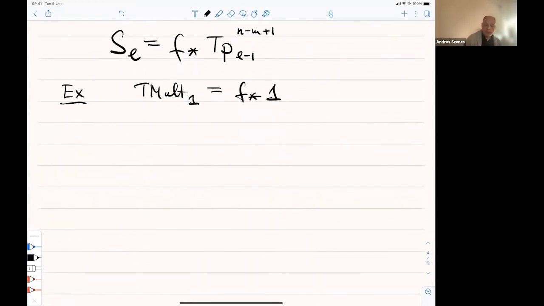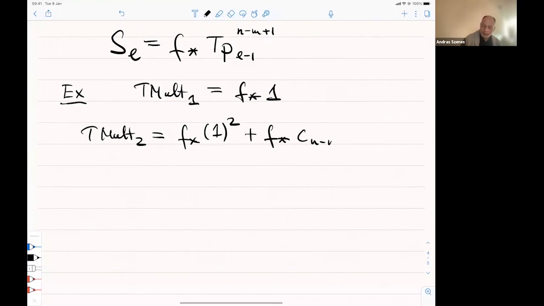And then the multipoint formula for 2 should be F lower star of 1 squared plus F lower star of c_{N minus M} of F. Let me make 2 little remarks here, and I'll stop there.